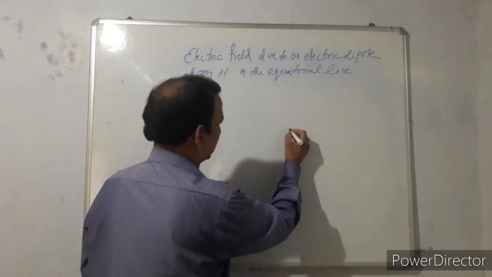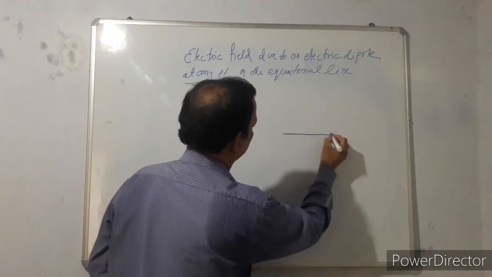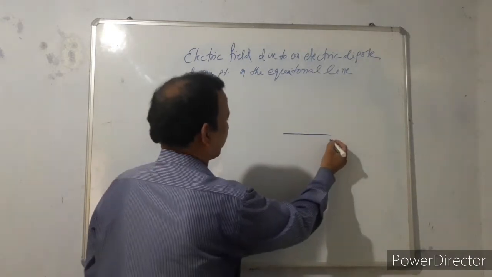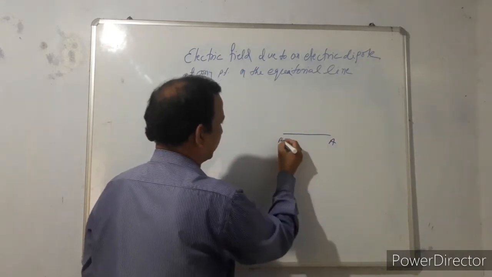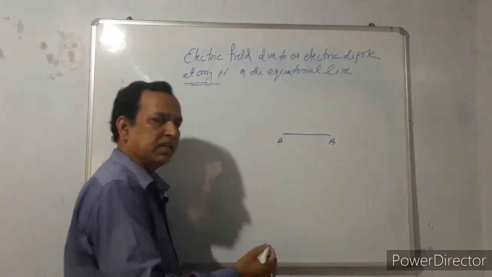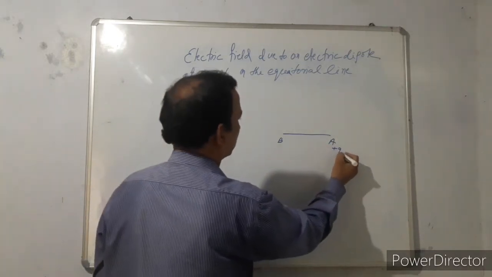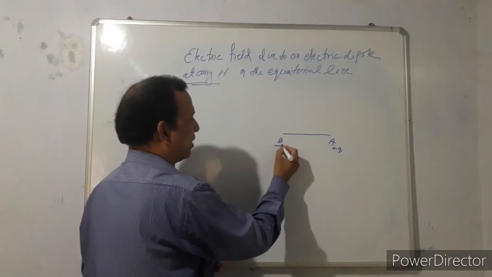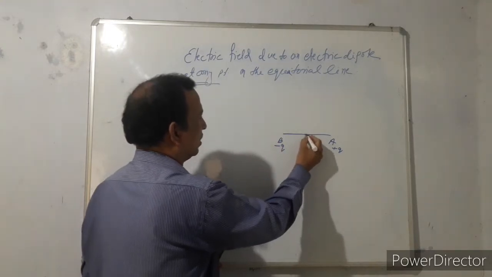Let us consider an electric dipole AB. At A, the charge is plus Q. At B, the charge is minus Q. O is the center.